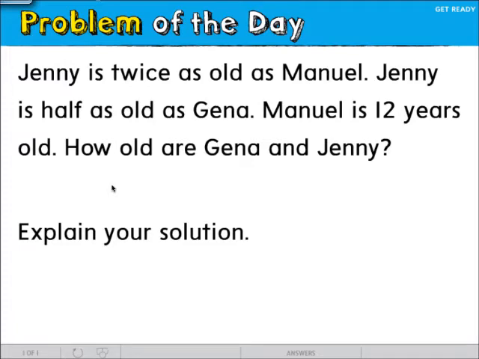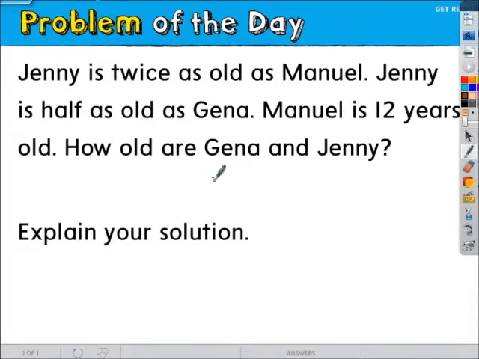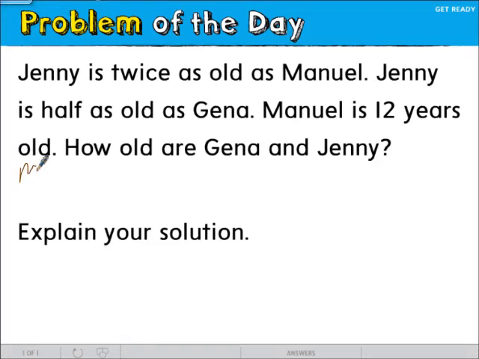So the first thing we have to look at is that we know that Manuel is how old? 12. Manuel is 12 years old. We'll just write Man over here for short. Man is 12. And we know that Jenny is twice as old as Man, right?